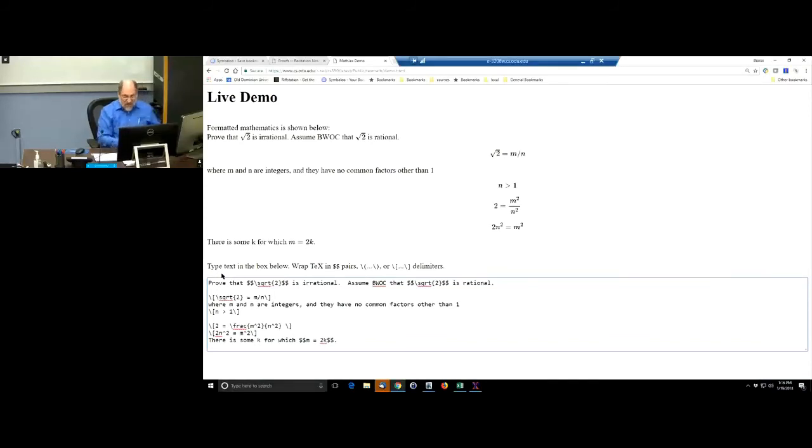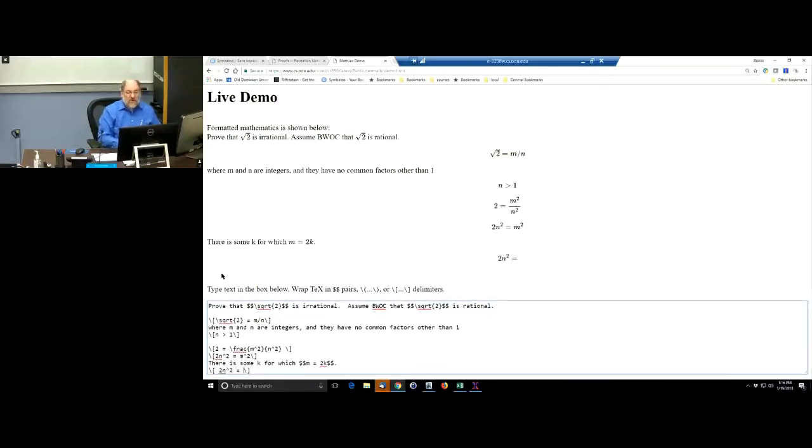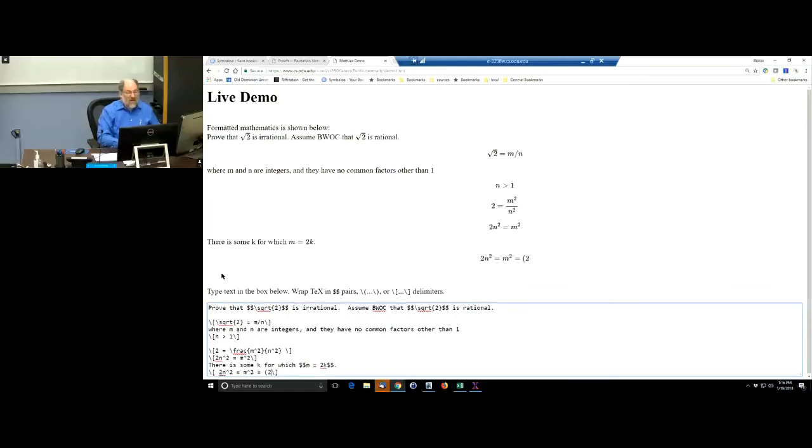And that means that I can write 2n squared, which we've already established is equal to m squared, as also equal to (2k) squared, which is equal to 4k squared. You can, of course, not hear the parentheses when I'm speaking this out loud.